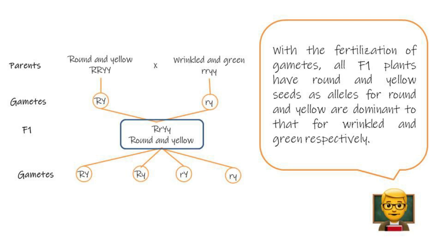With the fertilization of gametes, all F1 plants have round and yellow seeds, as alleles for round and yellow are dominant to those for wrinkled and green respectively.